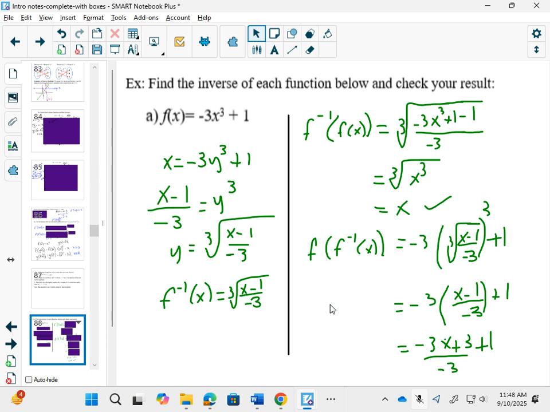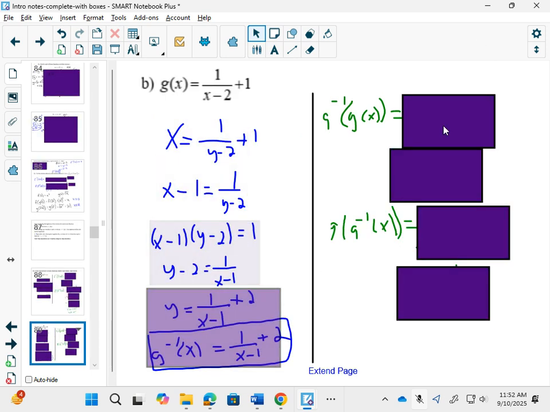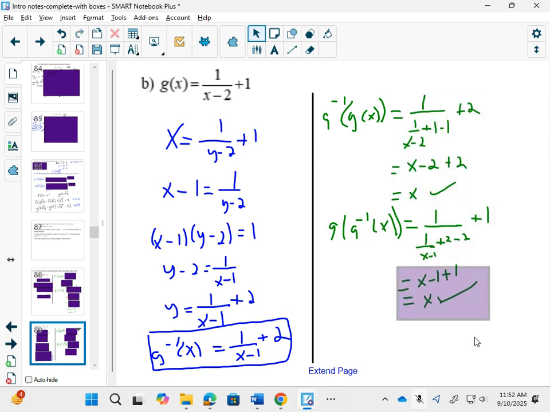I have the first one up there, so you can see if you got the inverse by itself correctly, the cube root of x minus 1 over negative 3. And then I've got the check on the right, so you can see if you did the algebra right there as well. On this next one, there's our inverse.